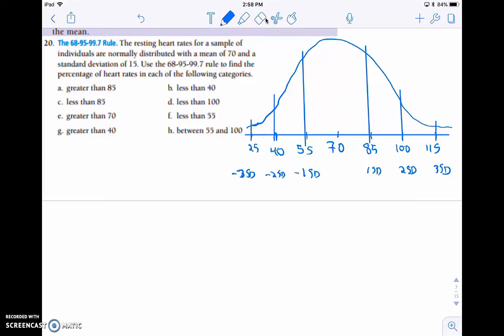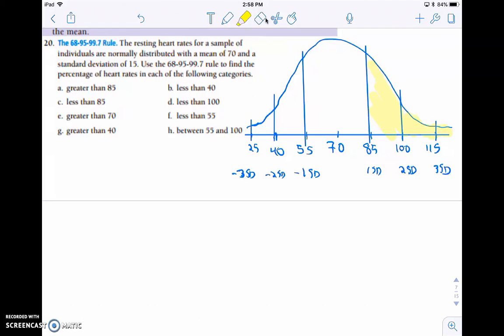So in this example, we want to figure out what percentage, and I'm going to try my best not to erase too much here. What's the percentage of heart rates that are greater than 85? So we want to figure out essentially how many are in this shaded region right here, above 85.